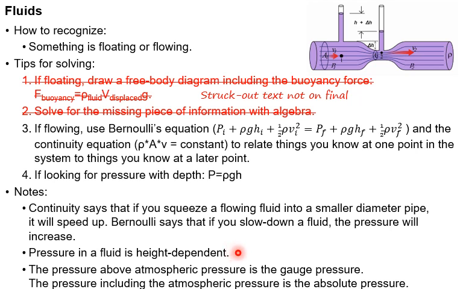It's relative to a reference height. We often define it relative to sea level, where you're going to have atmospheric pressure, which is about 1.01 times 10 to the 5 Pascal. Remember the definitions: if you're talking about pressure above atmospheric pressure, that's the gauge pressure. If you include the atmospheric pressure in the whole thing, that's the absolute pressure.